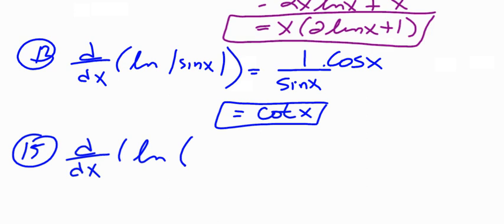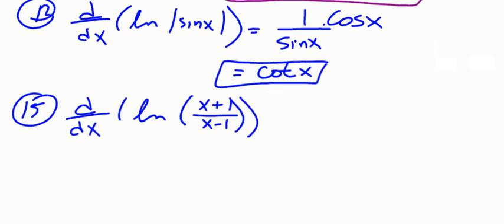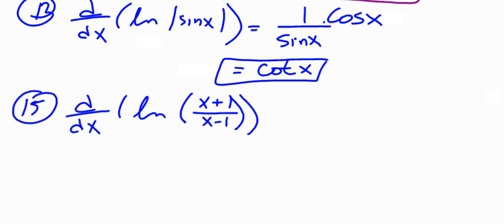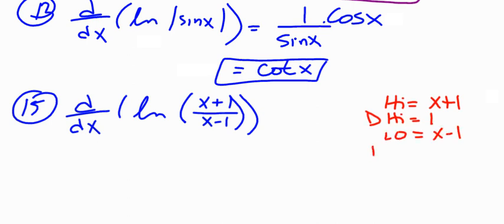And I'm going to take the natural log of x plus 1 over x minus 1. And in this case, I've got a quotient rule happening, and I'm going to want to set up to my side. My high function is x plus 1. Its derivative is 1. My low function is x minus 1, and its derivative is 1.